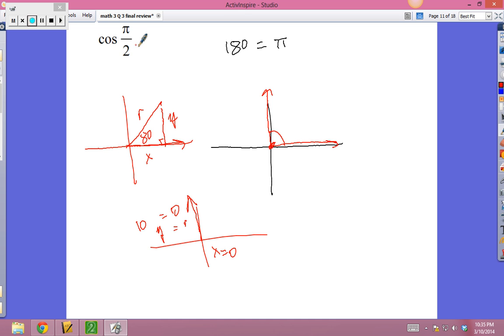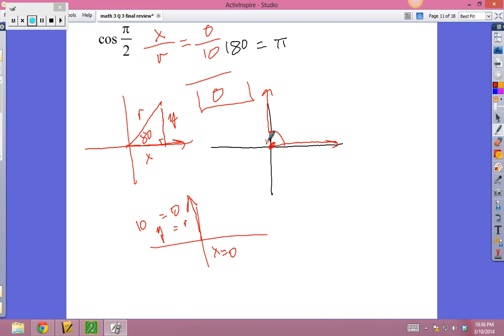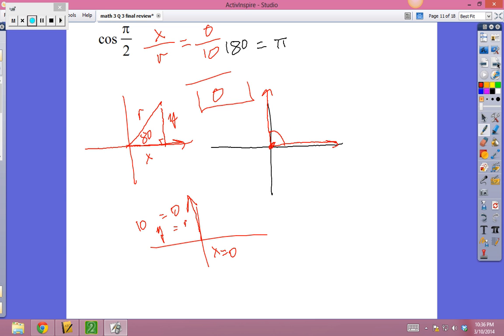So the cosine again, cosine is x over r, and x is 0, and r is 10, and 0 divided by 10 is going to give you 0. So if they land right on a quadrant, try and think of an angle that's just either a little bit more or a little bit less, and then that'll kind of help with the visual.